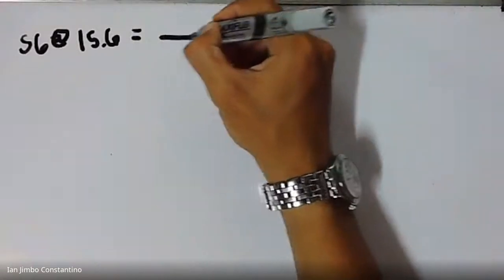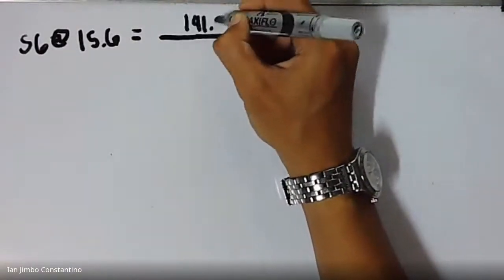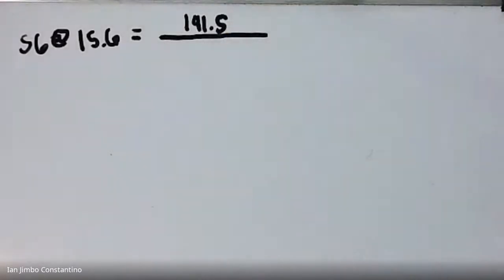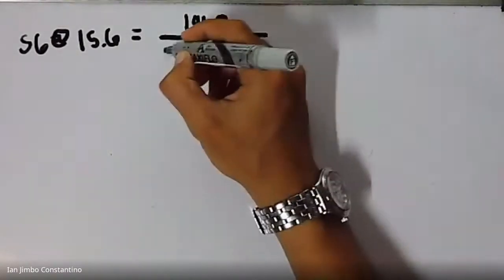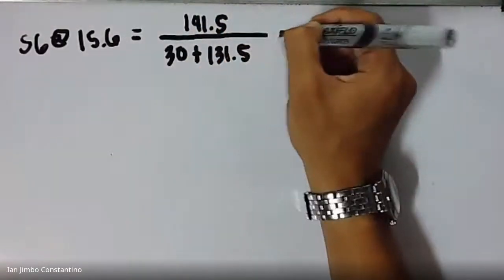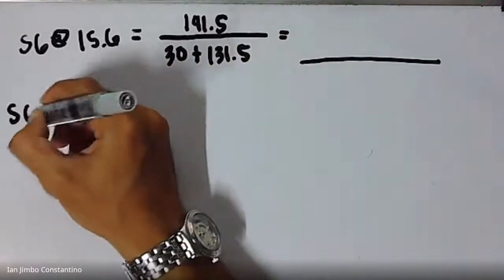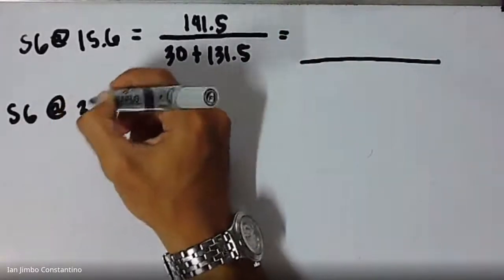So it is given by, if you are given degree API units, again, 141.5 over the API, which is 30, so 30 plus 131.5. Okay, let's set this aside. So proceed with SG at 30 degrees Celsius.